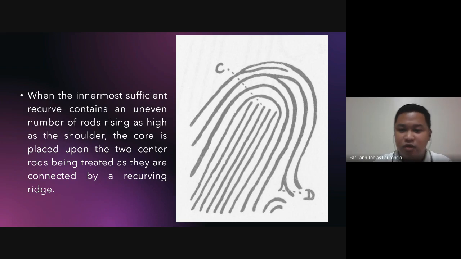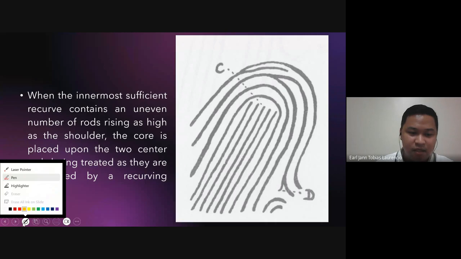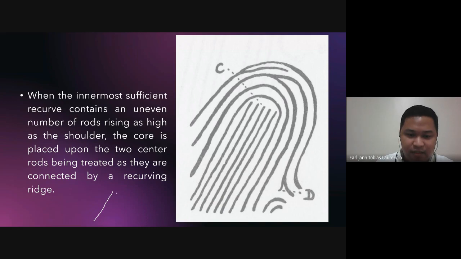Okay, so how is this one? This rule states that, let me draw again an example here. If there is an uneven number of rods, let's say for example, there are 5 rods. Now we will select the innermost rods as the core of the pattern.